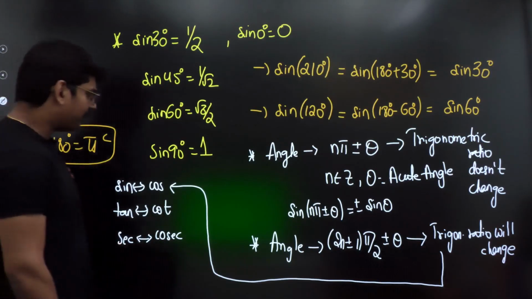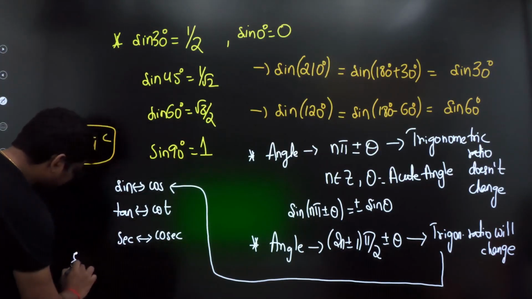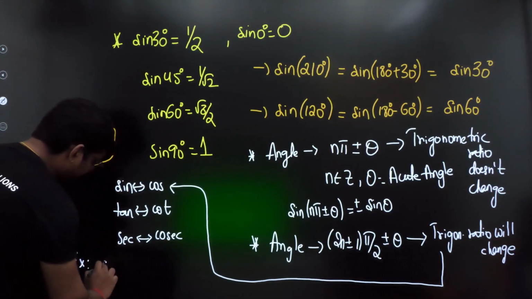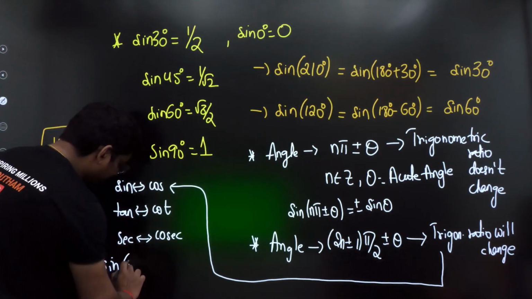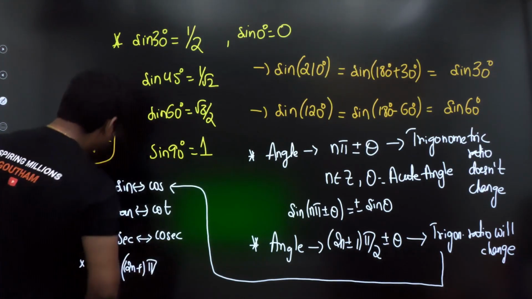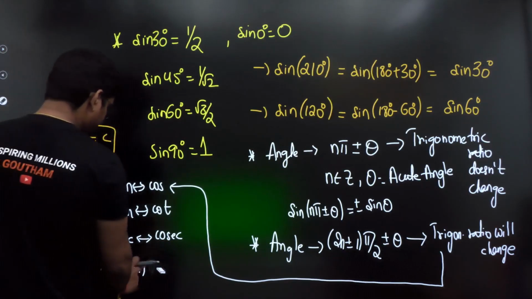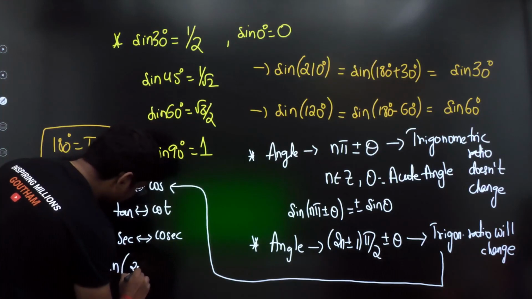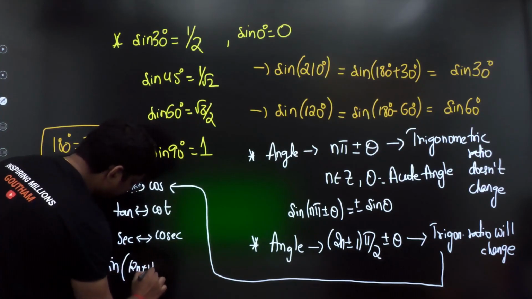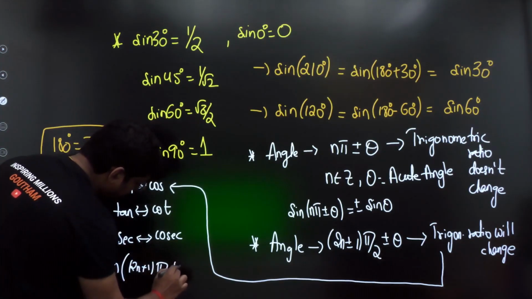I can give you an example for this. For example, let's say you have sine of 2n plus 1 into pi by 2 plus theta.